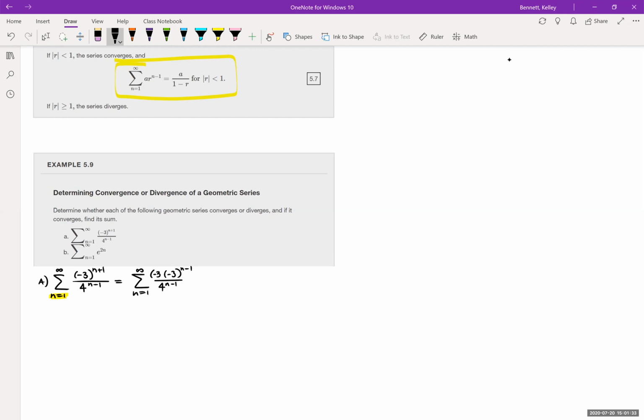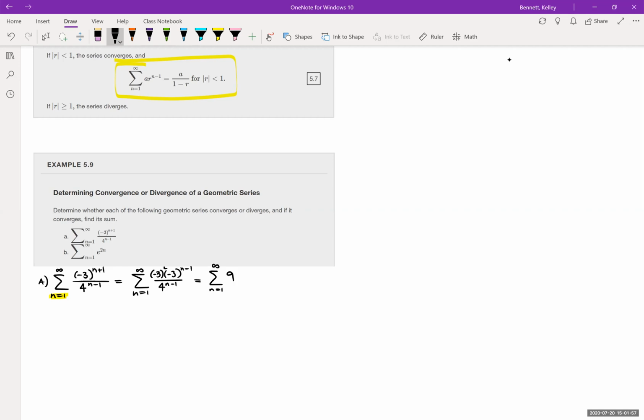So I have -3 squared. If I add the exponents, it'll bring me back to n plus 1. That's my check to make sure I did this correctly. -3 squared is obviously 9. So now I'm going to pull that scalar multiple, and I have 9 times n equals 1. Actually, maybe even more fitting, I'll leave the 9 in there, but not in the fraction.